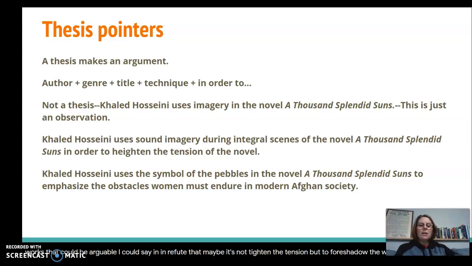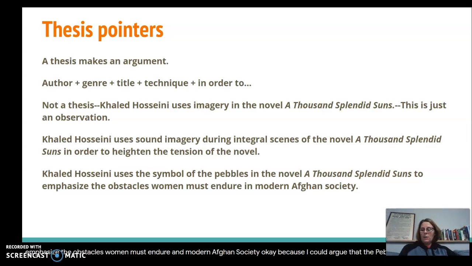Or "Khaled Hosseini uses the symbol of the pebbles in the novel A Thousand Splendid Suns to emphasize the obstacles women must endure in modern Afghan society." Okay, because I could argue that the pebbles is a different symbol. So that works.